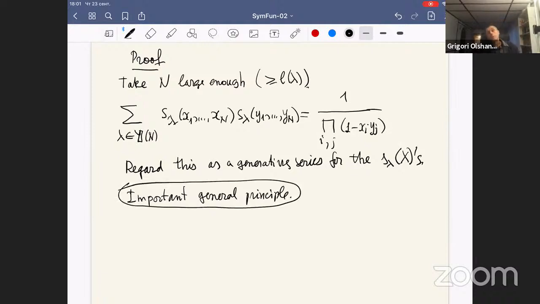So assume that we have some symmetric polynomial F, and expand it in Schur polynomials.